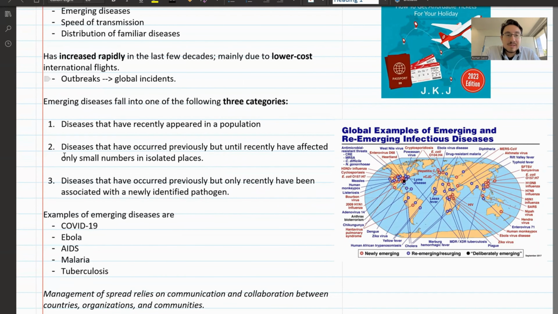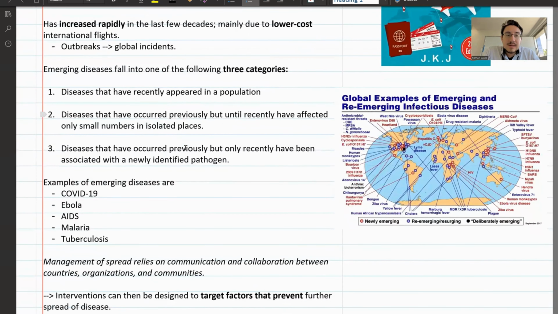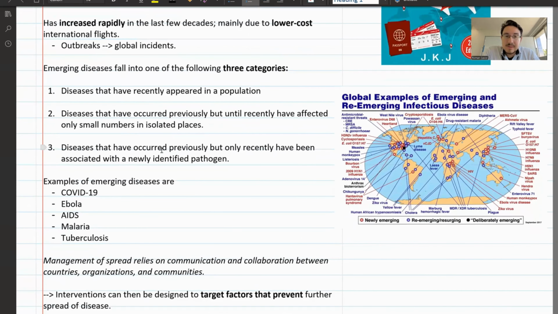You have diseases that occurred previously, but only until recently has their presence been affecting small populations in isolated places, so their spread has become more effective. And diseases that have occurred previously, but they've been associated with a newly identified pathogen or a strain.